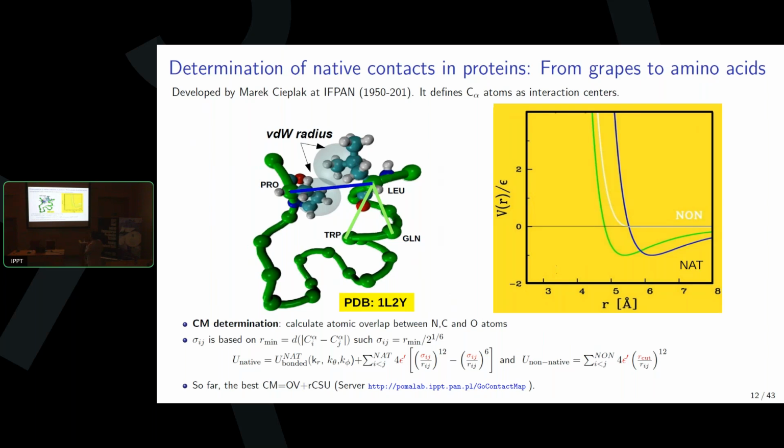They are parameterized with the Lennard-Jones potential shown here, with two parameters. One is the sigma of the Lennard-Jones potential, connected to the distance between the two C alpha atom positions. Then you have epsilon, the depth of the Lennard-Jones potential.